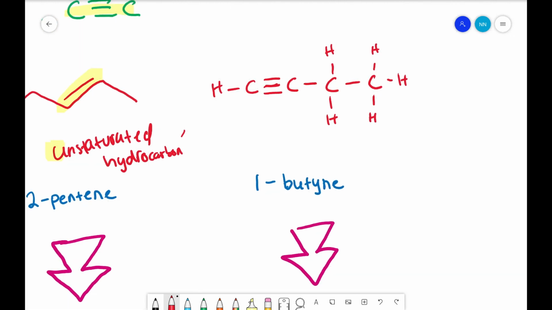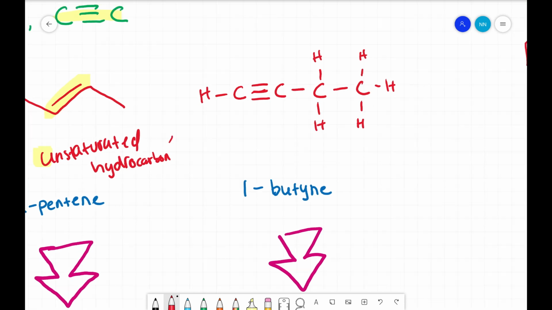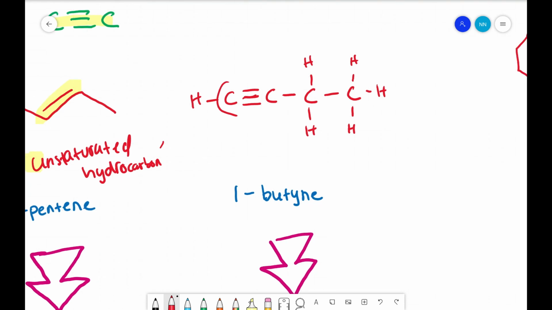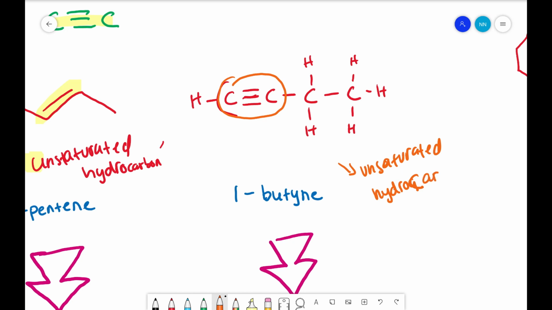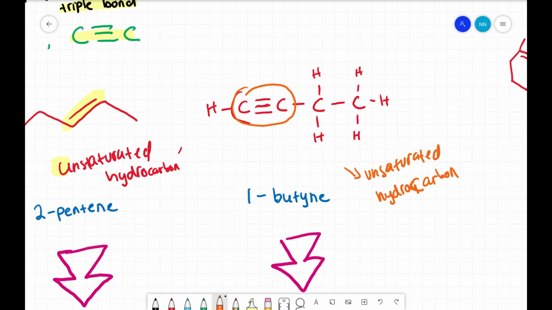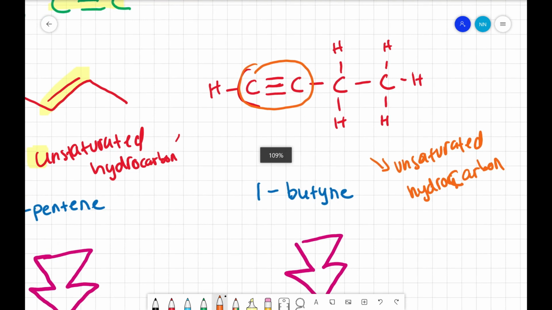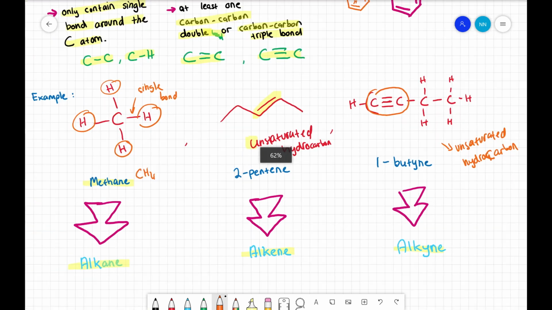Alkyne is also known as an unsaturated hydrocarbon because it contains at least one triple bond. Alkyne has a carbon triple bonded to another carbon, so it is known as an unsaturated hydrocarbon. So that's basically it.